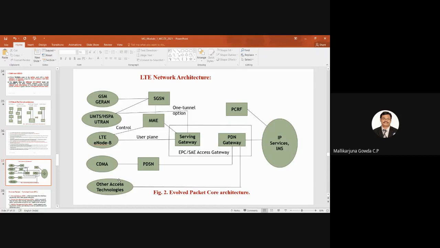Then what are other access technologies other than GSM, CDMA, then UMTS or HSPA? Other than these, other access technologies means what? Anyone of you can say? What are the other access technologies we have?